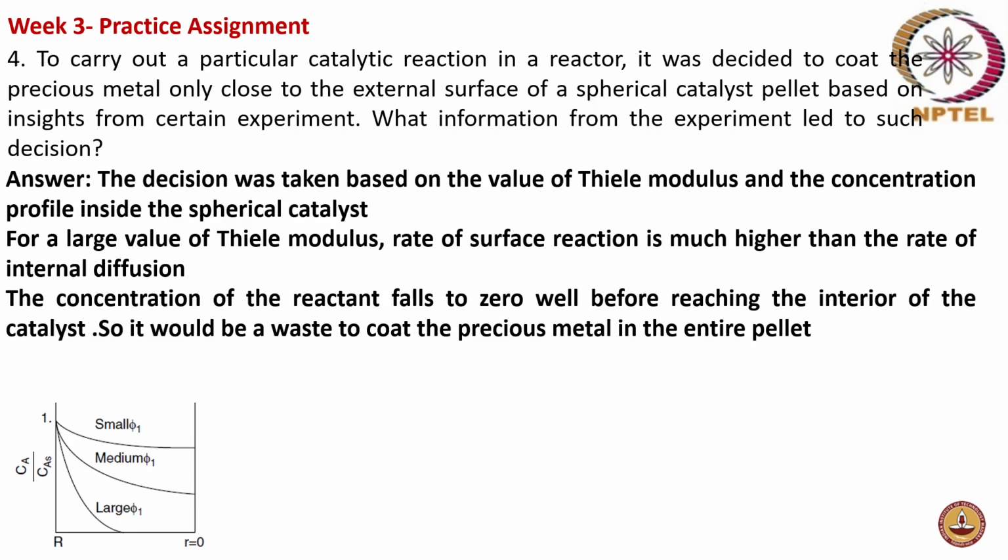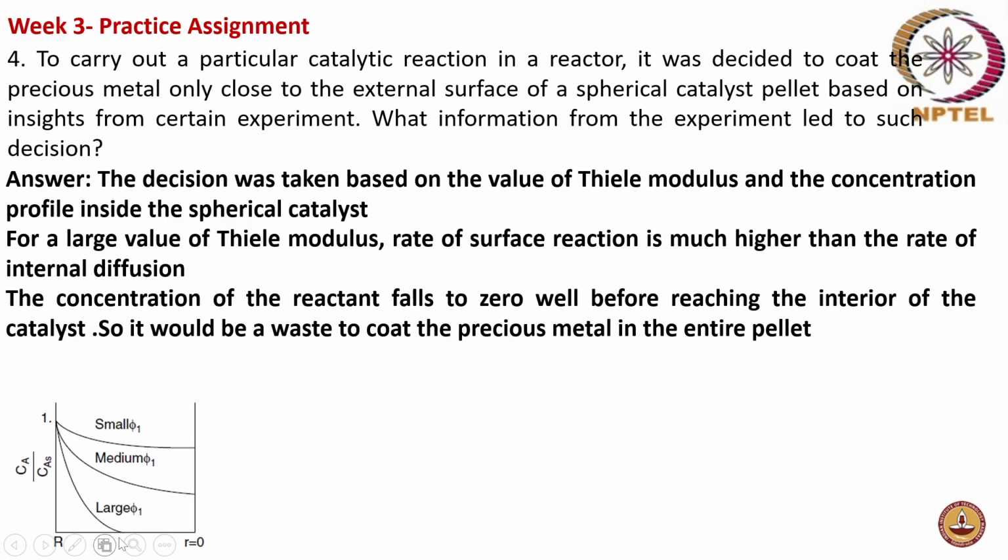So this gives a very crucial insight into till what depth you have to coat the precious metal. In this case, there is no point in coating the precious metal till R equal to 0. At some R equal to R1 itself, if you have done the coating, it will be fair enough so that the reaction will happen at the required rate, right? So that is the decision made based on the value of phi.